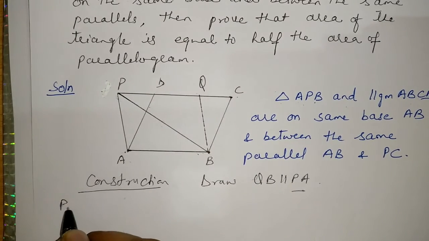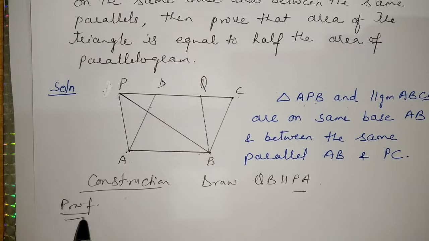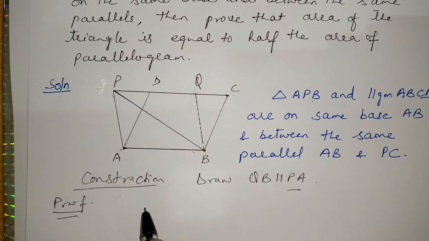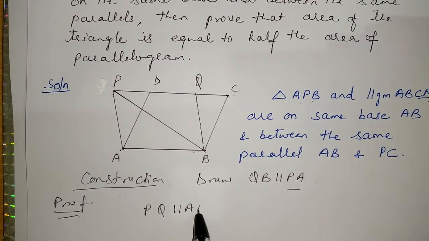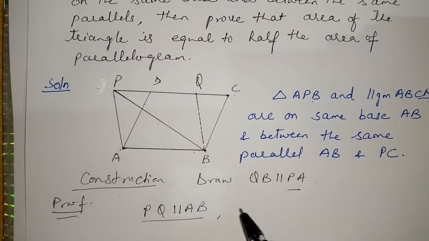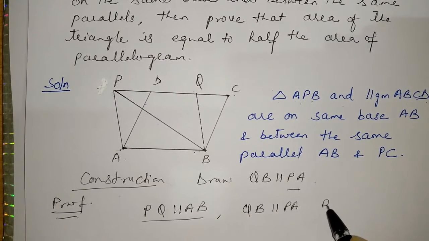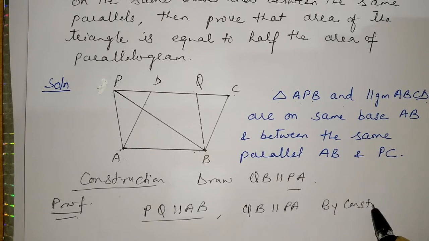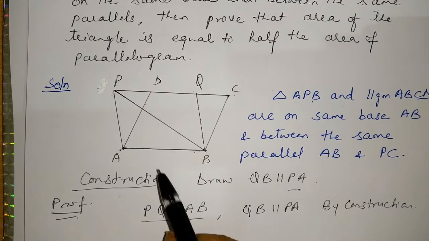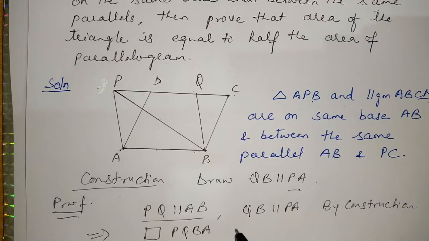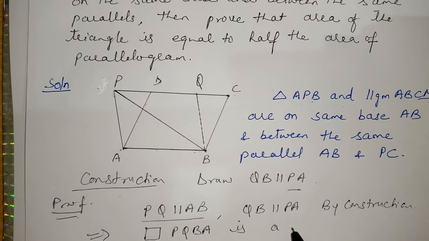In the solution we'll write: PQ is already parallel to AB, this was given to us, and QB is parallel to PA by construction. So in the quadrilateral we have two pairs of parallel sides. This implies PQBA is a parallelogram.